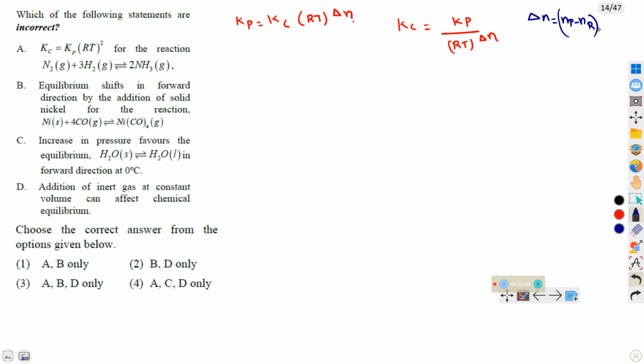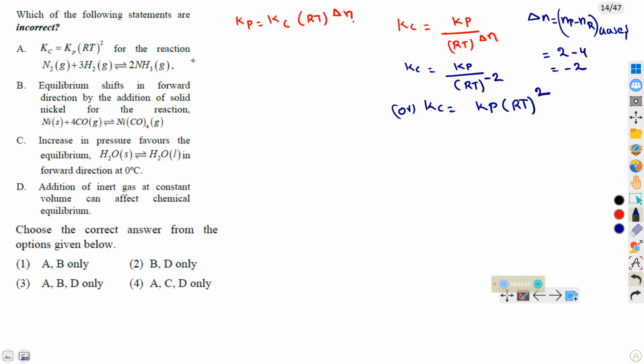Only consider gaseous moles of products and gaseous moles of reactants. 2 minus 4, that is equal to minus 2. Kc is equal to Kp by (RT) whole power minus 2, or it can be written as Kc is equal to Kp (RT) whole square. So actually this is correct only.